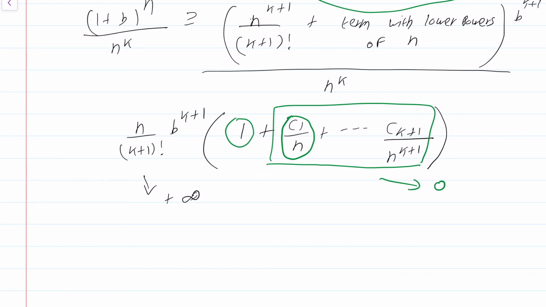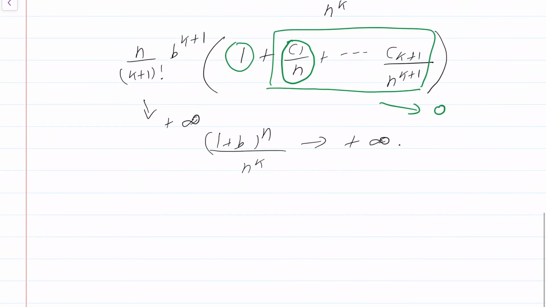So, what we have shown is that 1 plus b the whole power n by n power k is in fact greater than or equal to a quantity that goes to plus infinity. So, 1 plus b the whole power n by n power k diverges to plus infinity as required. Okay. So, even when you take an exponential and divide by a higher degree term, you still get divergence to plus infinity. Now, example 3, as you can guess, is going to be an exercise for you.